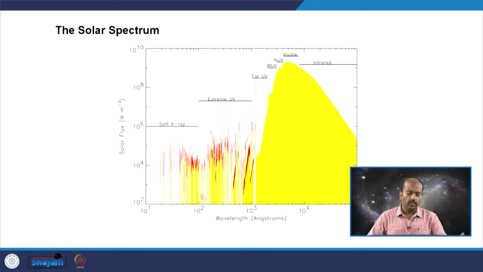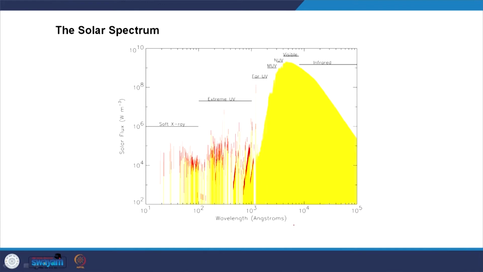As a result, the entire atmosphere is kind of transparent to visible and infrared radiation. Nothing in this visible and infrared part will be absorbed by the atmosphere, so it will directly travel to the Earth.